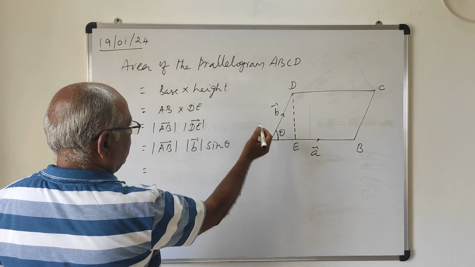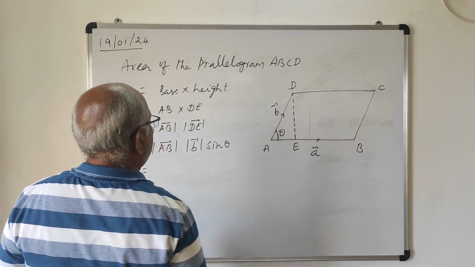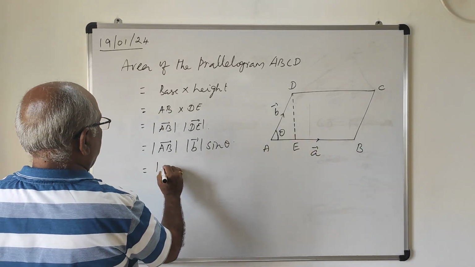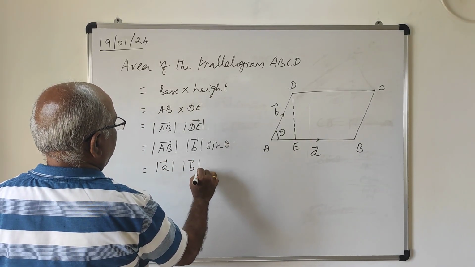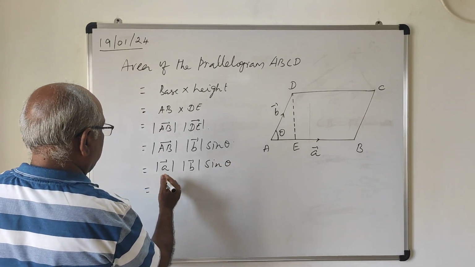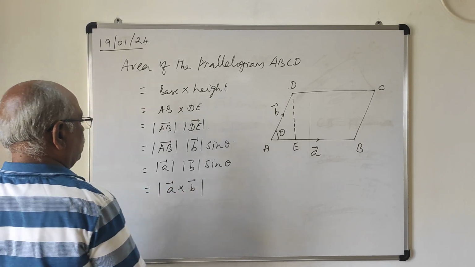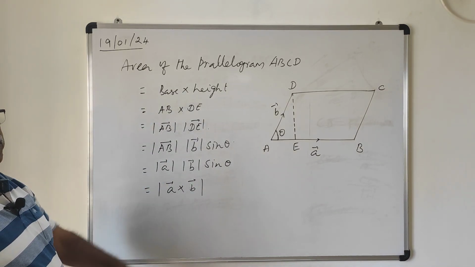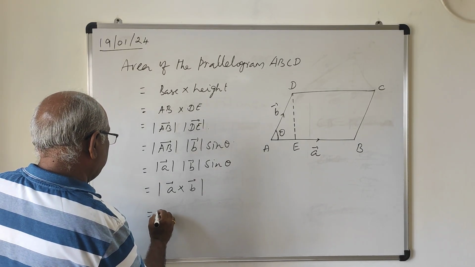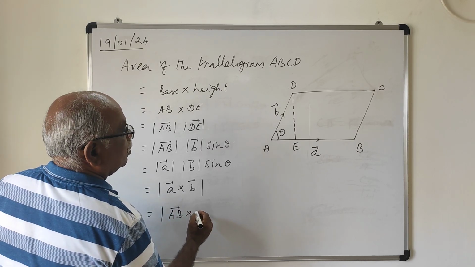Height is DE, which is mod B sin theta, and AB is mod A. Therefore, this is mod A into mod B into sin theta, which is simply mod of A cross B. So the area of the parallelogram is just mod A cross B, whereas the area of the triangle is half of mod A cross B. Vector A is AB vector, and vector B is AD vector.